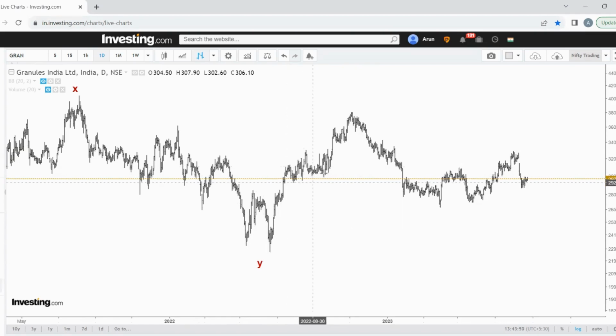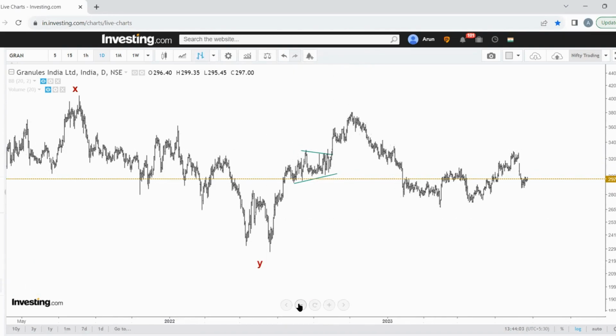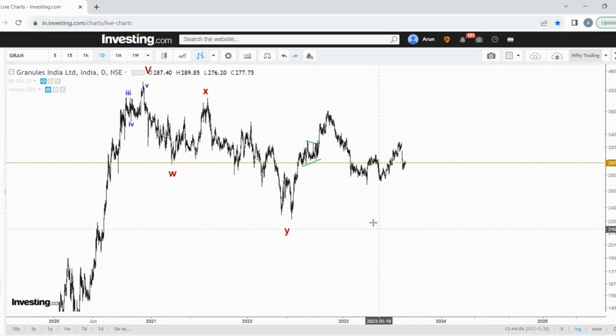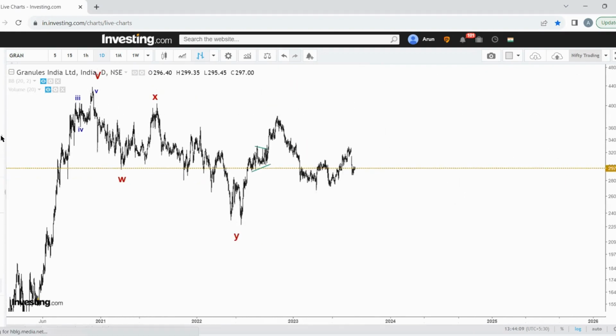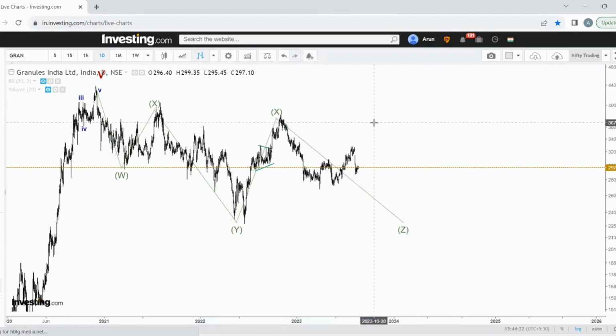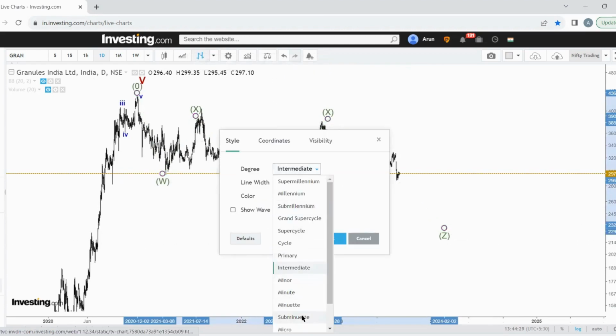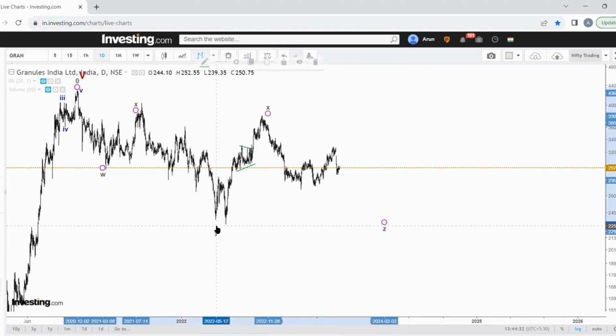If it is 1, it seems to be a 3-wave move, like A, B, C. Then it can change to be W, X, Y, Z. W, X, Y, X, and Z. This is one possibility now, because I can see only a 3-wave move here. I can see only a 3-wave move.